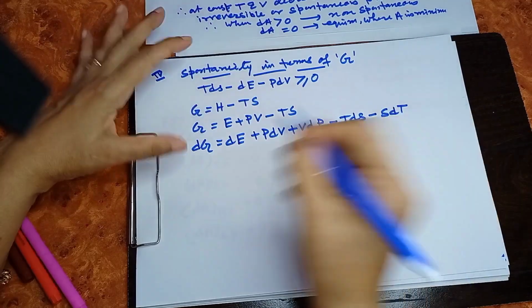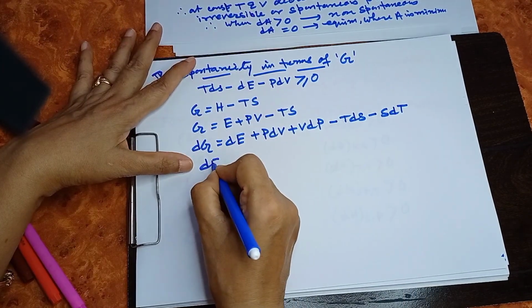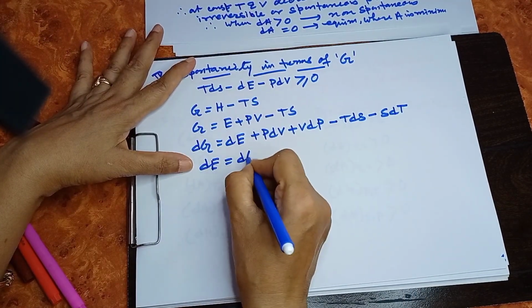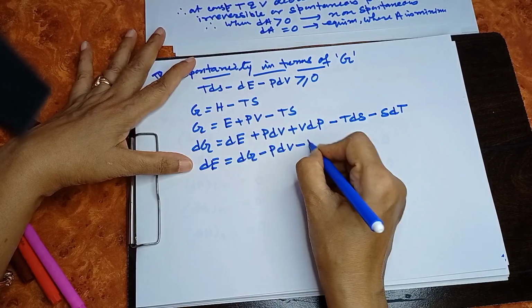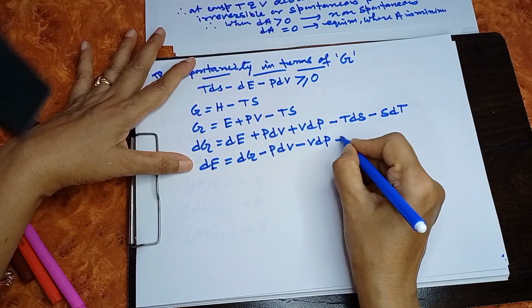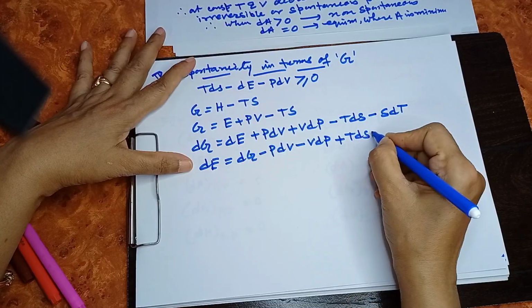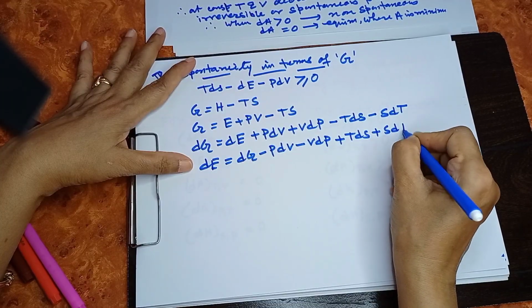From here, what will be dE? dE will be equal to dG minus PdV minus VdP plus TdS plus SdT.